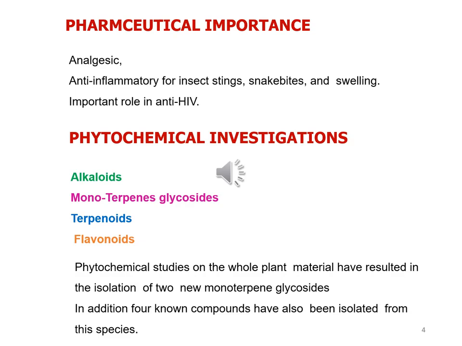As you know, alkaloids are phytoconstituents which contain nitrogen atoms in a heterocyclic system, and they are soluble in organic solvents and somewhat soluble in water. They have different pharmaceutical as well as enzymatic activities. The monoterpene glycosides are molecules in which a glucose moiety is linked or joined with the basic skeleton of the terpene molecules.